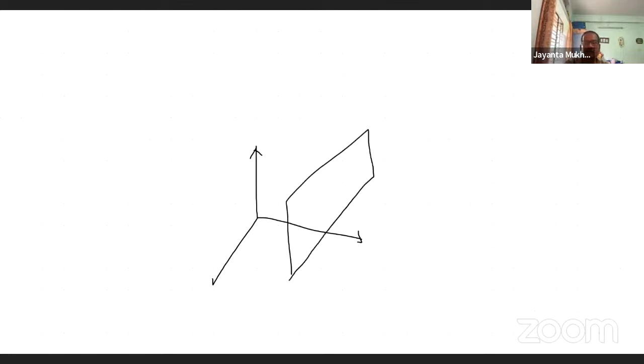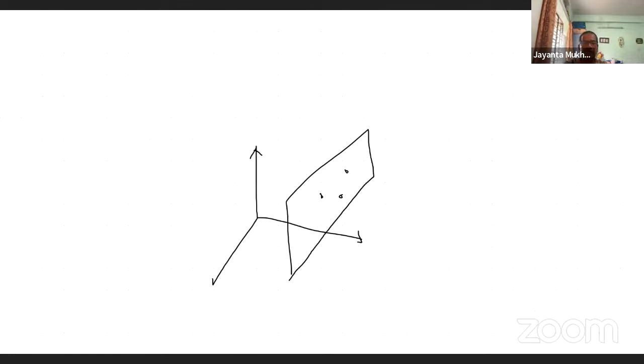So let me give you one example. Suppose I have a three-dimensional space. As we know, it is easier to comprehend a three-dimensional space, which is the space in which we move, and consider a plane in that space. Suppose there is a blackboard or any kind of planar sheet. Now, if all the points are in this plane, they can be represented as points in the three-dimensional space, which means every point will have a three-dimensional coordinate.